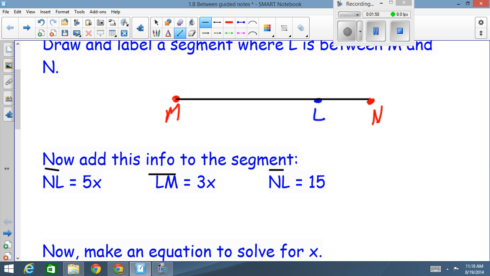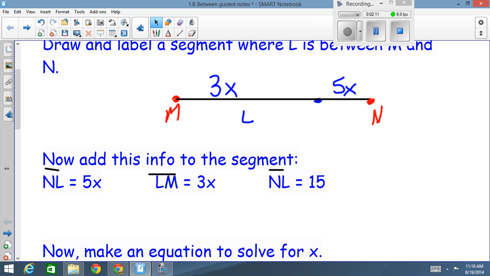So I want to call NL, and actually now that I look at this, it doesn't make a lot of sense for NL to be 5x if LM is 3x. Obviously 5x is bigger than 3x, so I'm going to adjust my picture a little bit. I'm just going to move this point over here. Whoops, I don't want to move the line.